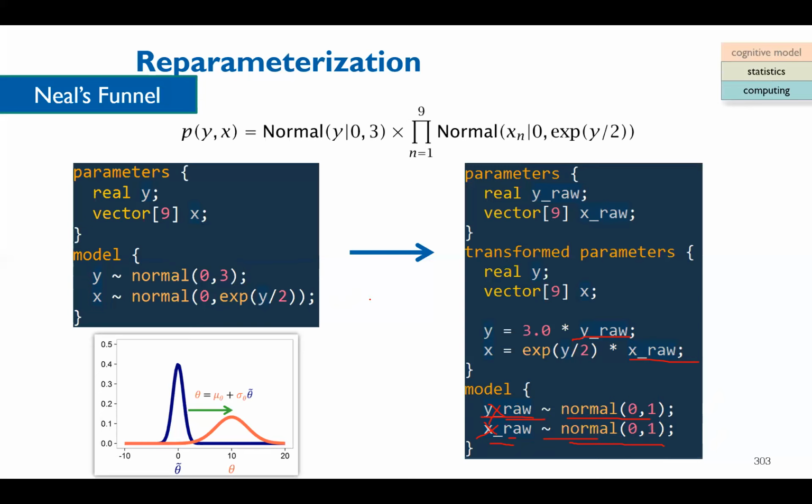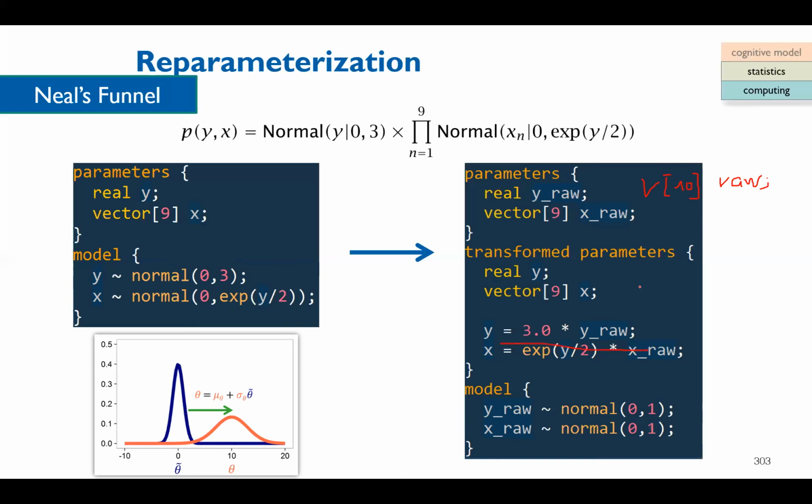Let me explain to you how this works. In the parameters block, we can say this is a vector with 10 elements, and we call it raw. Okay, good.